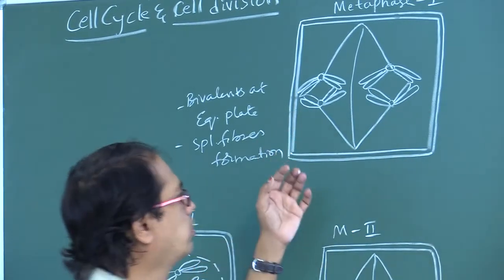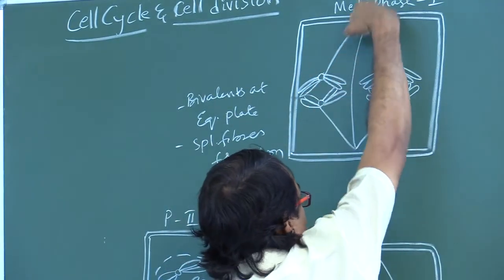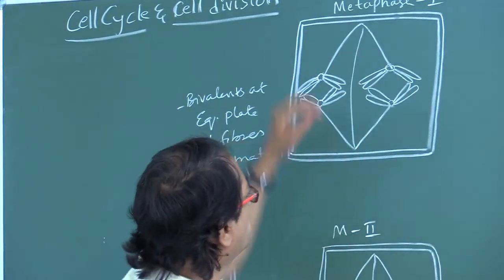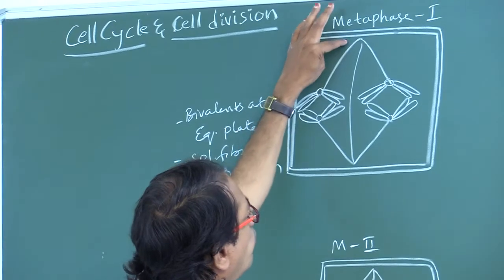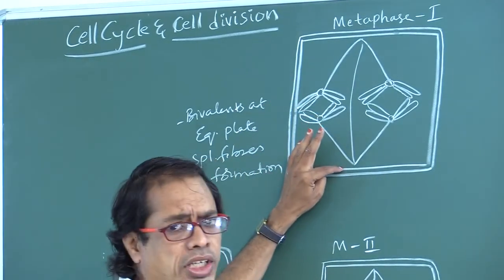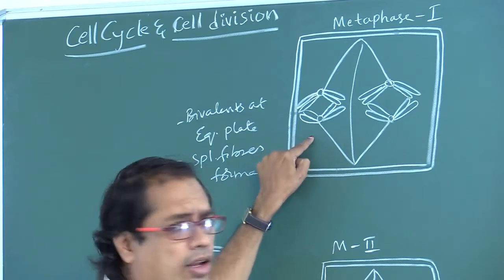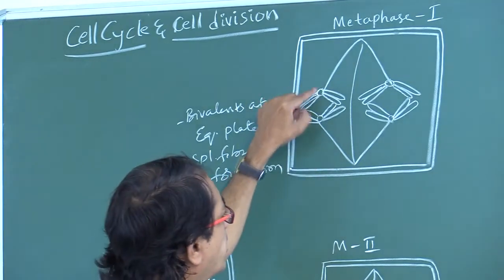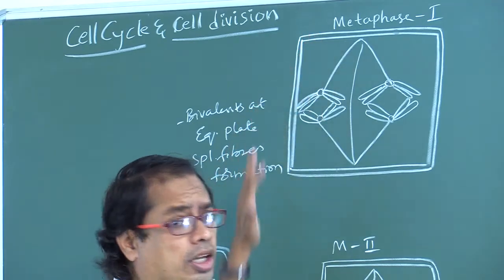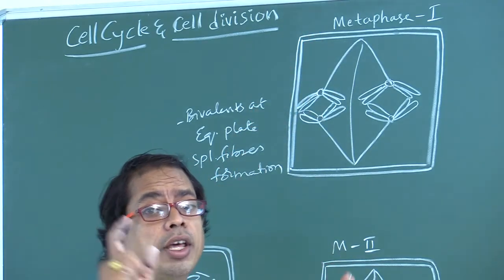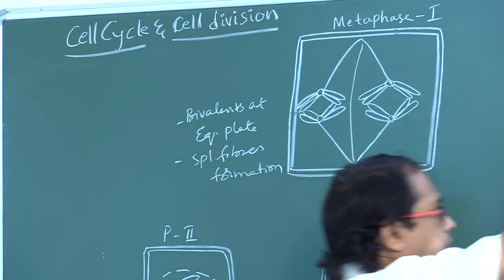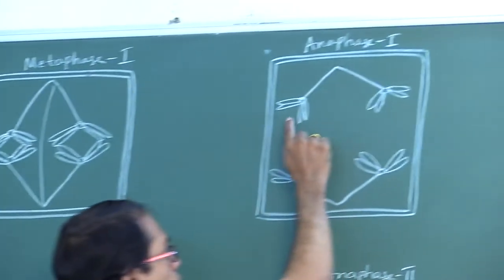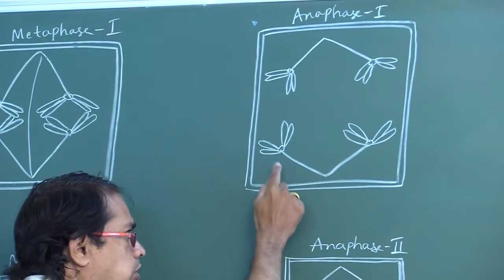Now, contraction of spindle fibers occurs. So this chromosome will move to the upper pole, this chromosome will move to the lower pole. Is there any division of centromere? No. This is a very, very important point. So contraction of spindle fibers occurs, no centromere division. When contraction occurs, this chromosome goes to the upper pole, this chromosome goes to the lower pole.